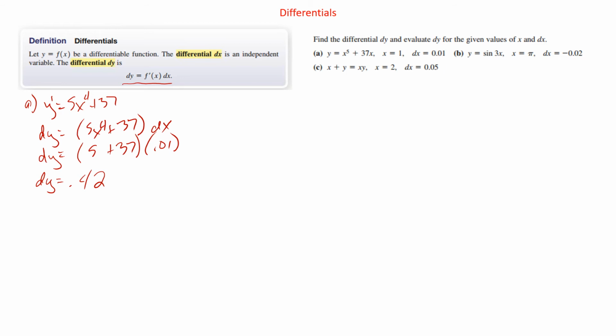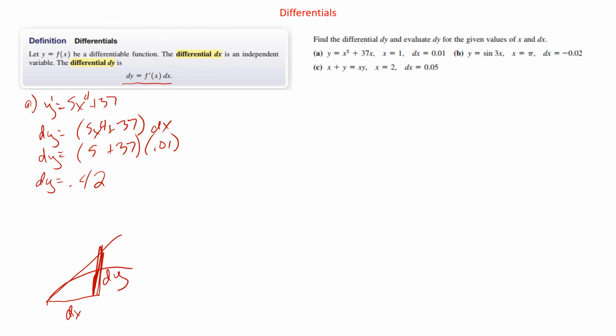Now it's not exact. This is kind of a linear approximation thing, because what it does is we have our curve, and then we have that tangent line, and we have dx, we have dy. So it's giving us that value, not the exact value, but the estimated value from the linear approximation, which, as we found, was actually pretty close.